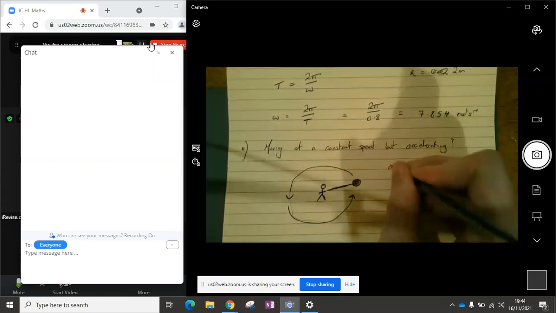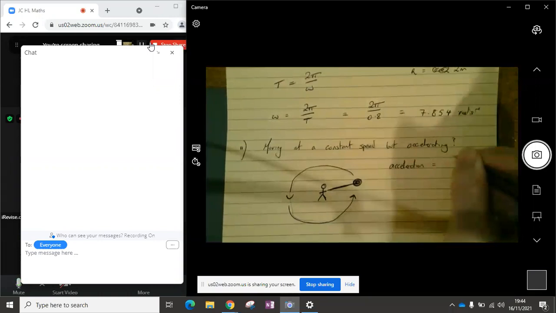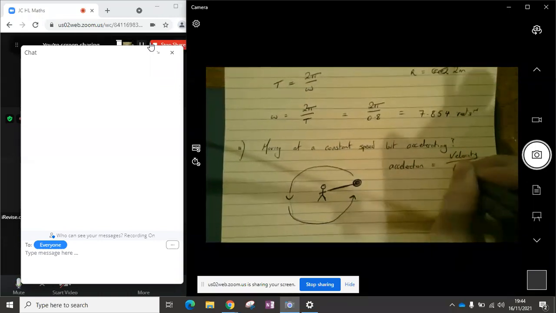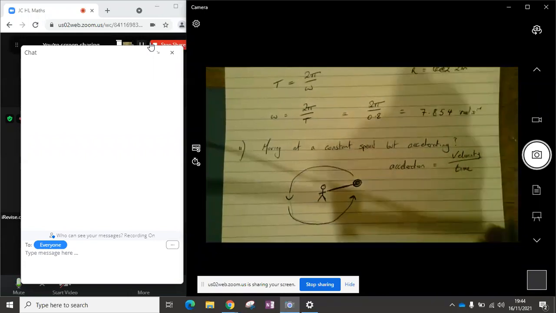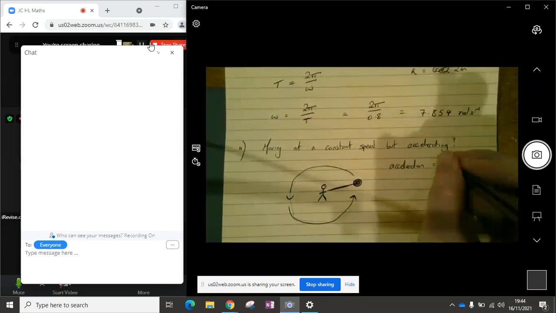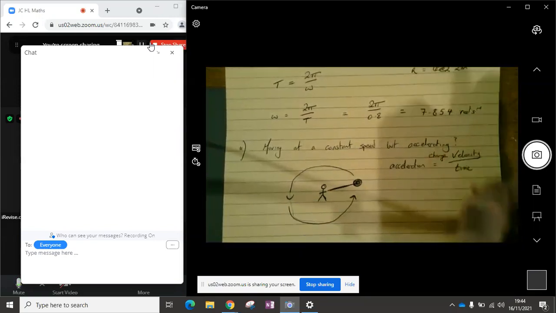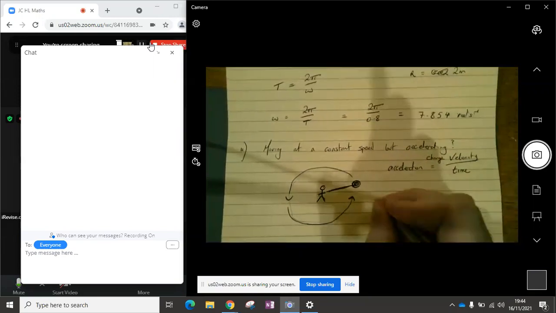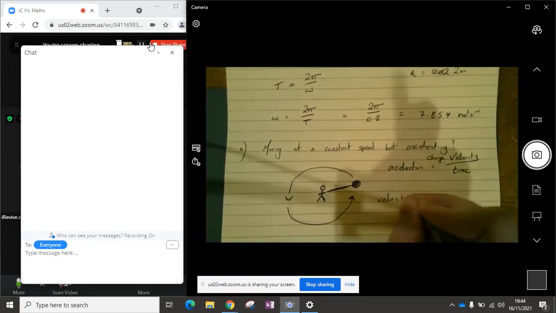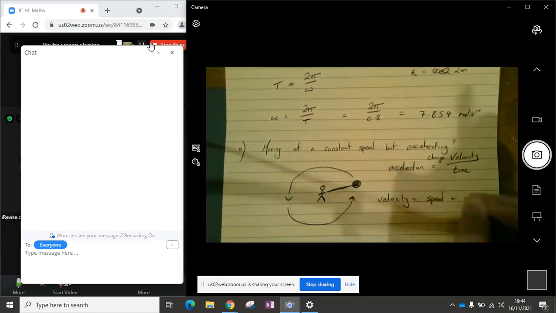It is actually accelerating, even though the speed doesn't change, because acceleration is defined as change in velocity divided by time, and velocity is equal to speed plus direction.